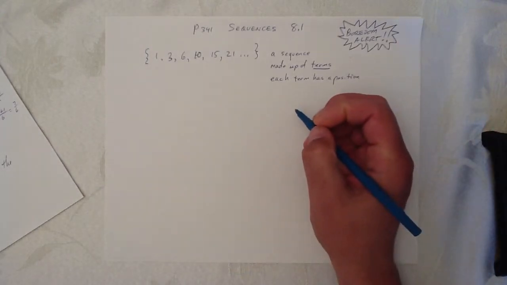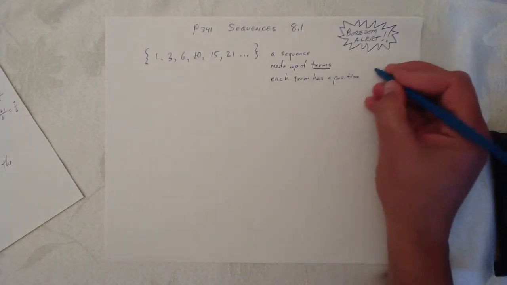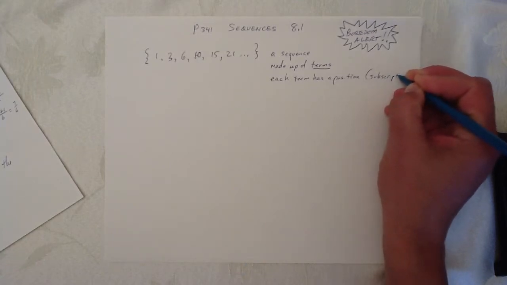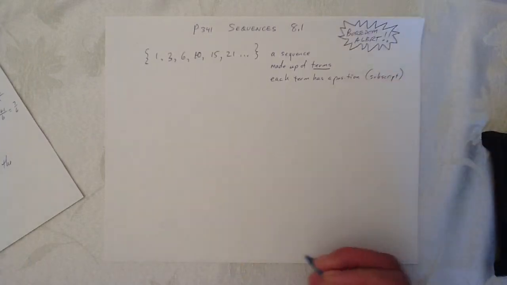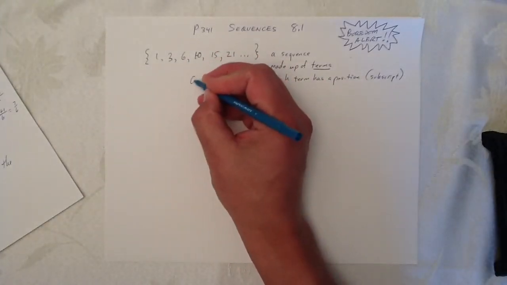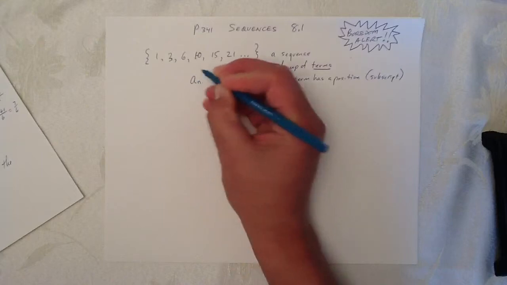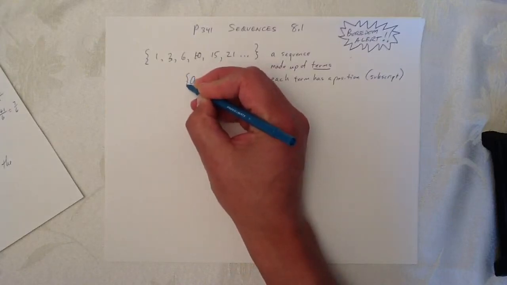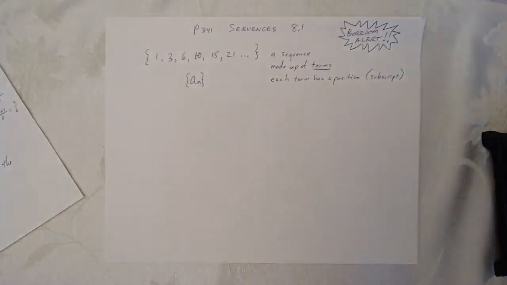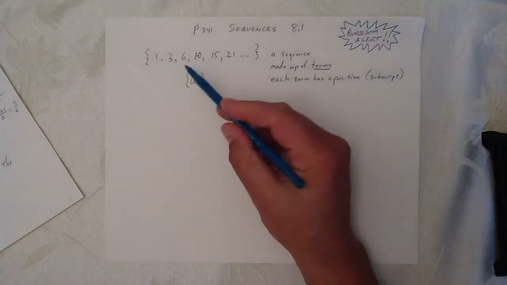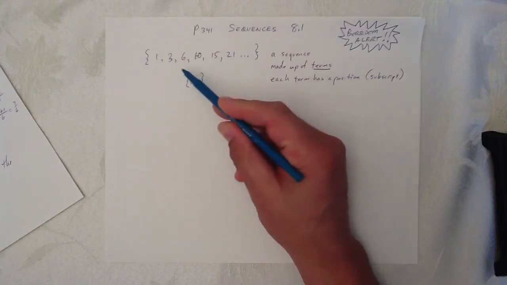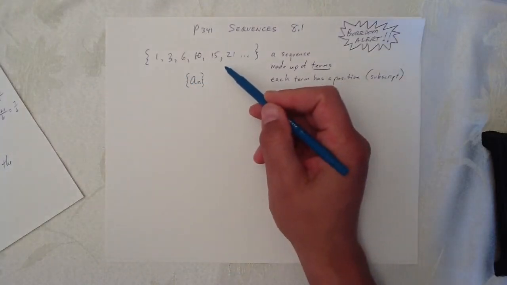And you can designate the position by what's called a subscript. Now, subscript, you will know from word processing, is a little number that sits below. So this sequence here might be described as sequence A, and it's made up of n terms. Well, in this case it's infinite with a dot, dot, dot, but if it wasn't an infinite sequence, if it was just, say, these 6 numbers, then n would be 6, and there would be 6 terms in total.